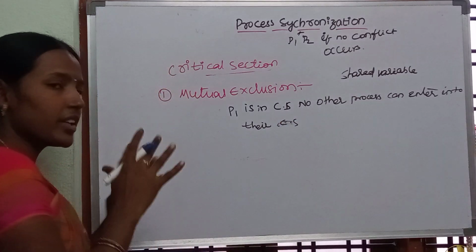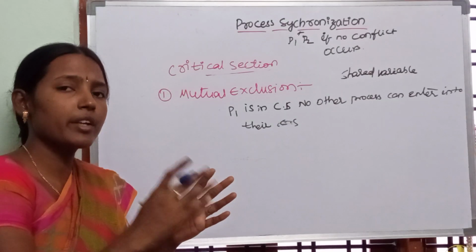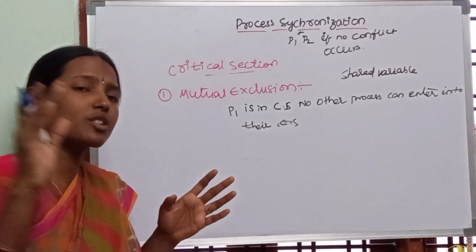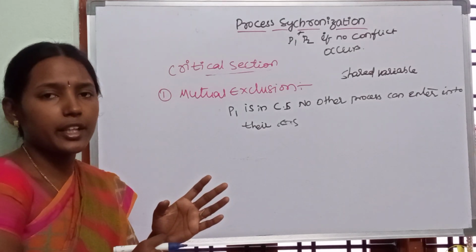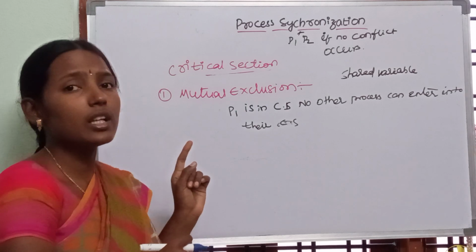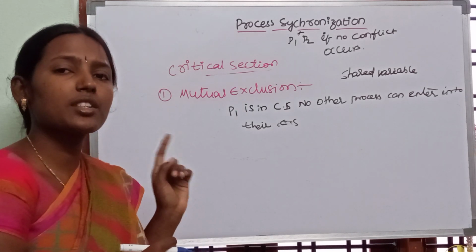That means if P1 is in its critical section, then P2, P3, P4, and so on up to Pn should not enter into their critical sections. So this is one of the requirements for the critical section problem.